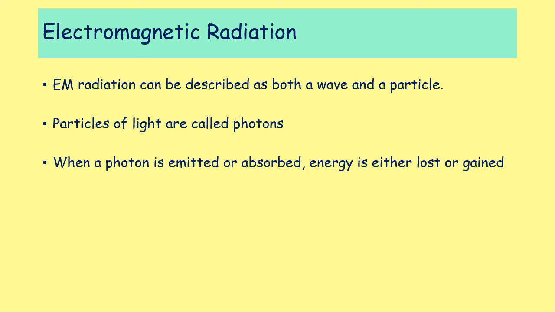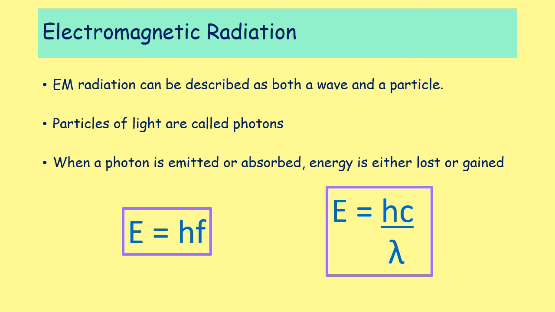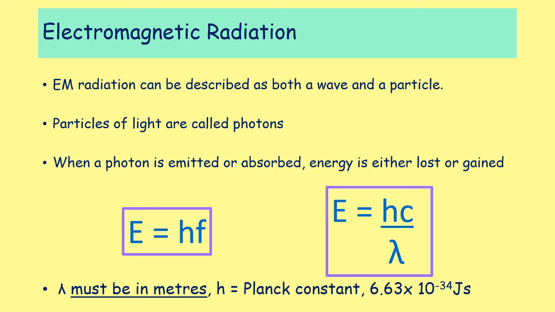When a photon is emitted or absorbed, energy is either lost or gained by the object that is receiving or emitting that light. And the value of that energy is equal to h multiplied by the frequency, so E equals hf, or E equals hc over lambda.